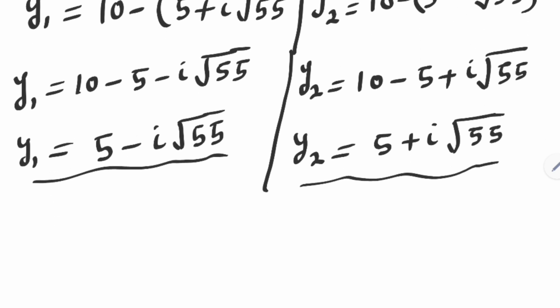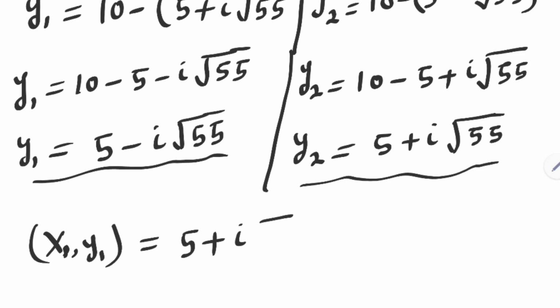Our final answers are x1, y1 is equal to 5 plus i square root of 55, 5 minus i square root of 55.